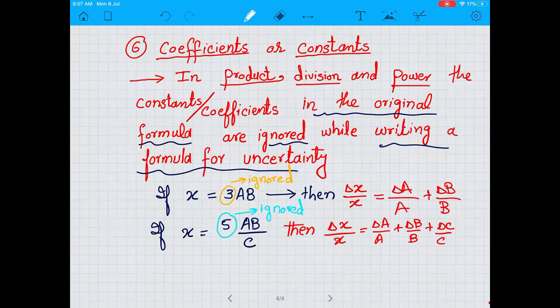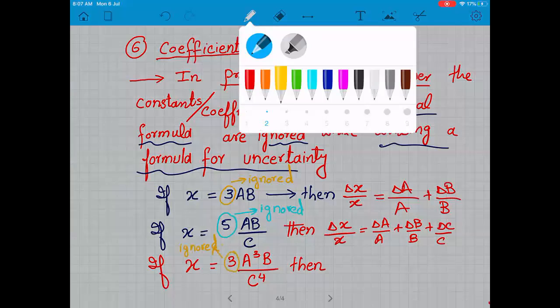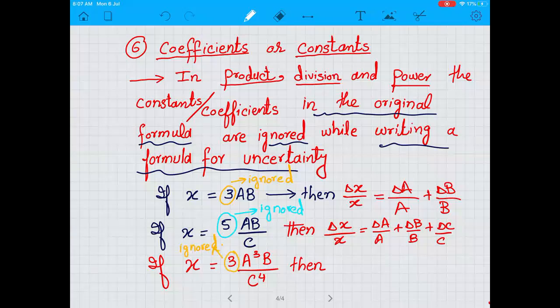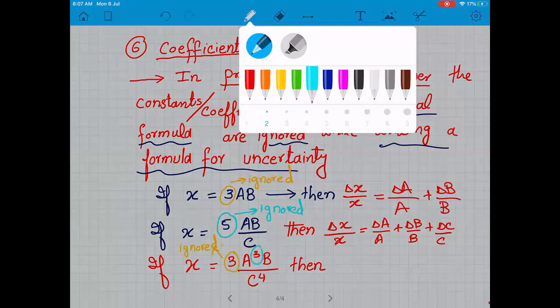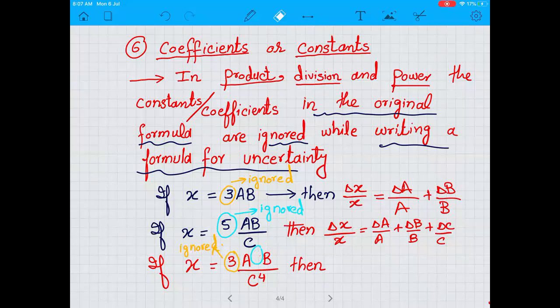Now, for example, if x is equal to 3 times A cube into B over C power 4. Now, two things are important. First of all, this coefficient 3 is ignored. So the first thing is ignore the coefficient. And the second thing is the powers will become the coefficients. Since both numbers are 3, you may get confused, so I should use a different number here.